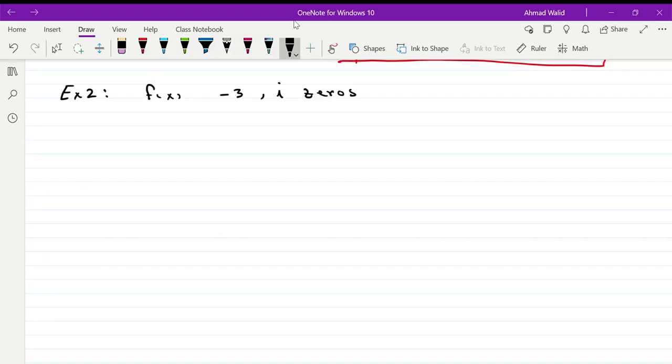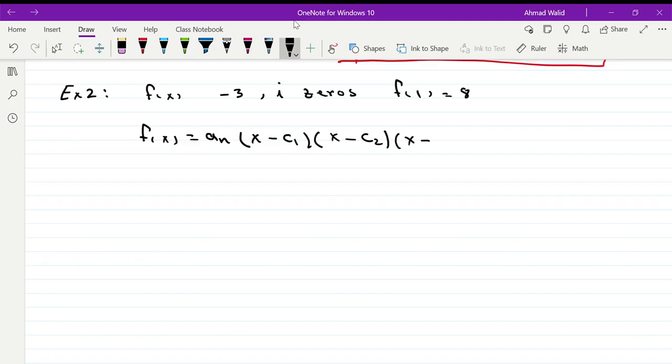And f of 1 is equal to 8. Now I want to set my formula. F of x equals a sub n parentheses x minus c1 times x minus c2 times x minus c3. Why 3 factors? Because here I have i. If I have i, I should have also negative i.